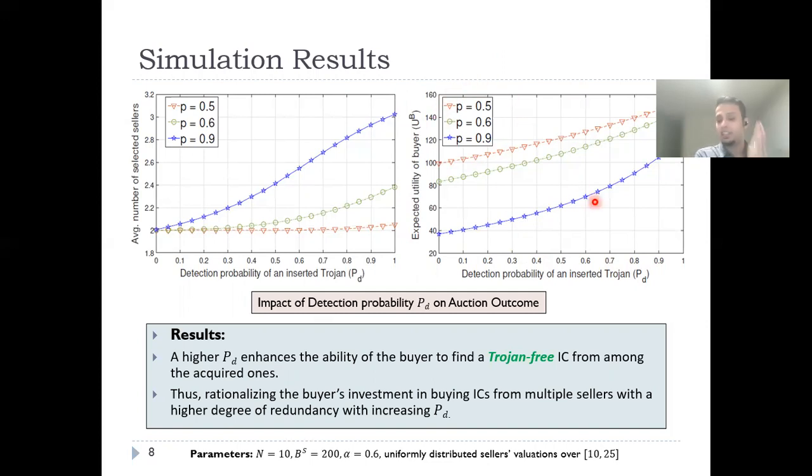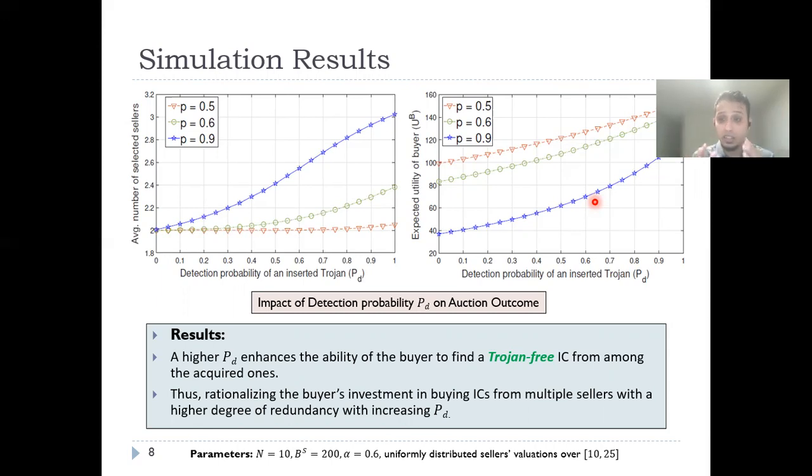Because for higher PD values, there is a high chance that the buyer gets an IC where the Trojan is not inserted. So that's why the expected utility of the buyer also increases.